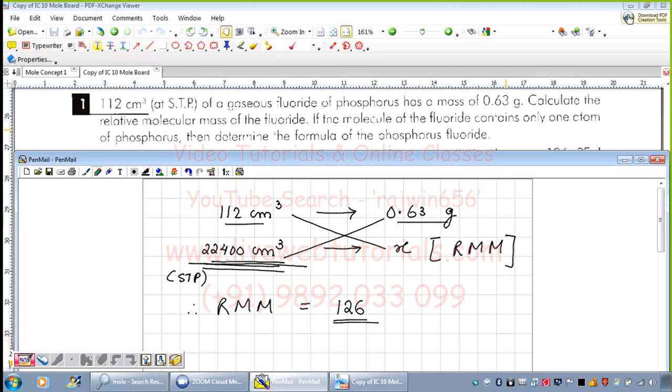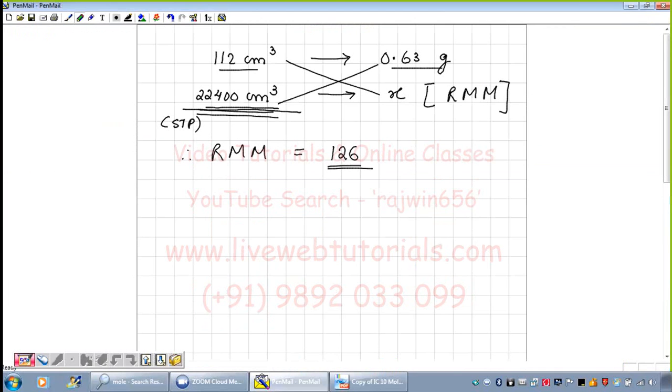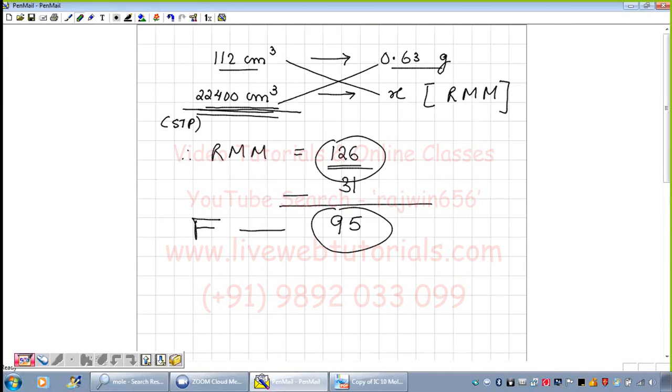If the molecule of fluoride contains only 1 atom of phosphorus, then determine the formula of the phosphorus fluoride. Correct? Now here there is only 1 atom of phosphorus in this. So if I subtract, the atomic mass of phosphorus is 31. So this is going to give me 95. This mass is going to be only because of fluorine.